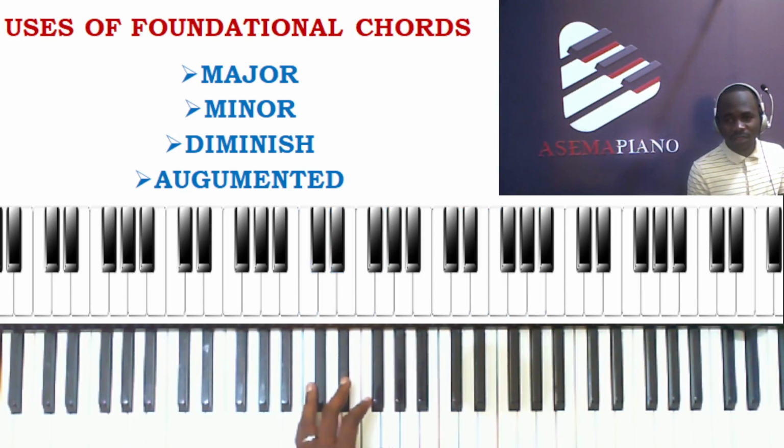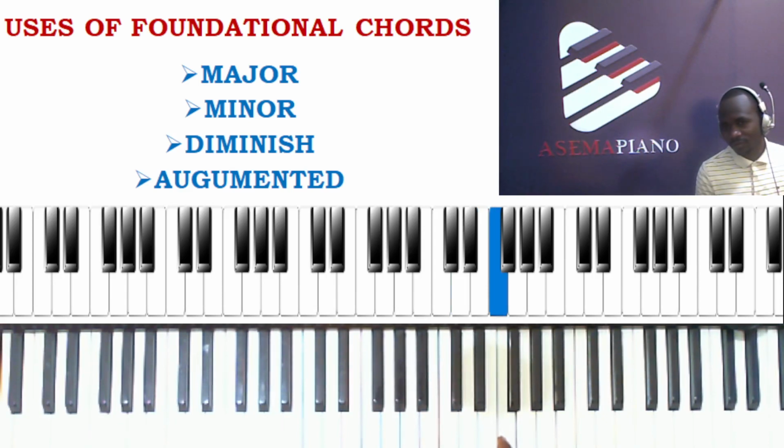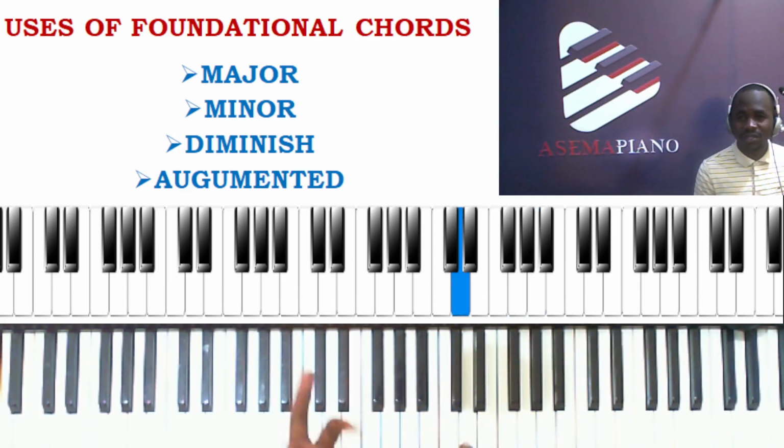So on any scale, 1, 2, 3, 4, 5, 6, 7, 8, 9, 10, 11, 12, 13. We can add the 13, which is the 6th, or the 11th degree, which is the 4th, or the 9th, which is the 2nd. So those are the extra color that we add to a chord.